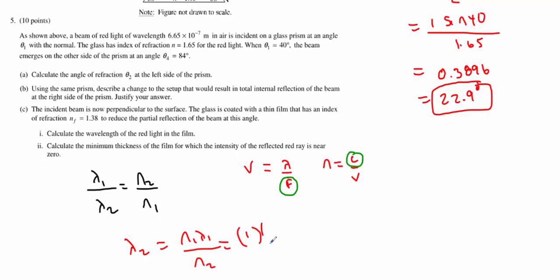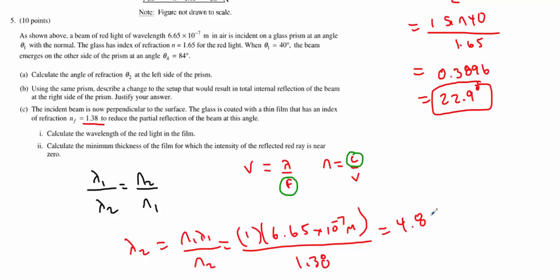So it's 1 times my original wavelength, that's 6.65 times 10 to the negative 7 meters, divided by our new medium, 1.38. And we're going to get 4.82 times 10 to the negative 7 meters. You do not need to convert this into nanometers. That said, often you will see wavelengths reported in nanometers, so just be ready for that.